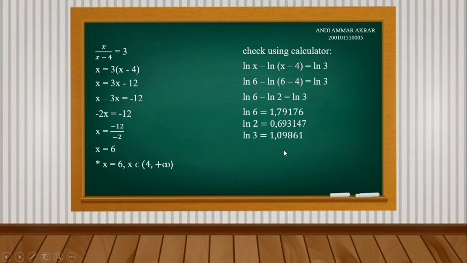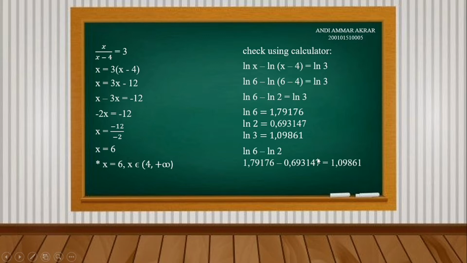So the result of ln 6 minus ln 2, when we convert it to the actual value, will be 1.79176 minus 0.693147, and it will equal 1.09861, and we know that 1.09861 is the value of ln 3.